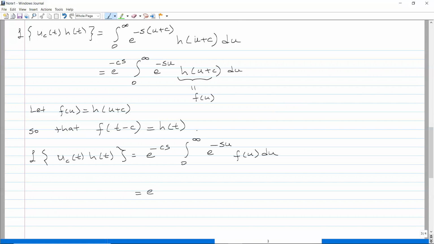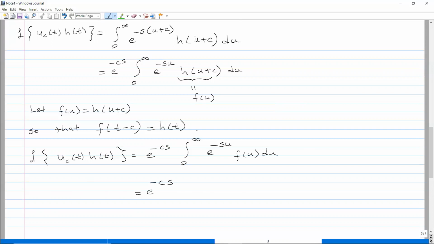So this is going to be e to the minus cs times the Laplace transform of f of t.